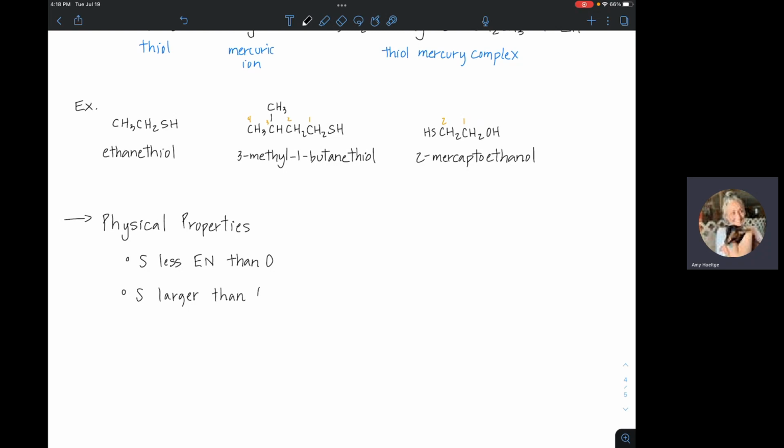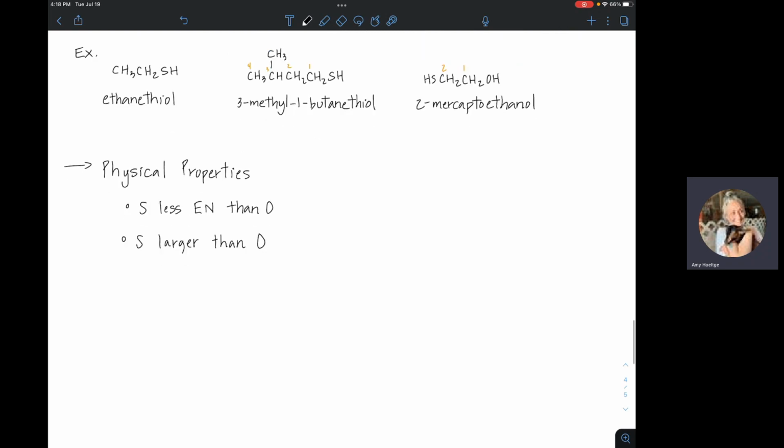Why am I comparing sulfur to oxygen? Because they're in the same group. On the periodic table, sulfur is right underneath oxygen, the next energy level down, the third period. It's larger, so it has a larger atomic radius. It's less electronegative than oxygen, so the electronegativity of sulfur rivals that of carbon. Just something to keep in mind.